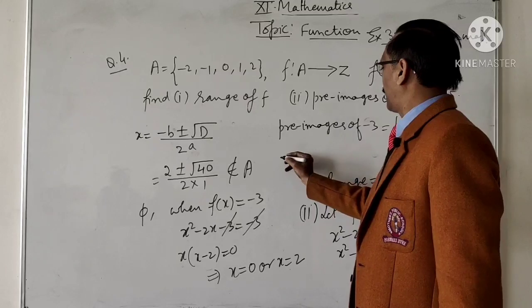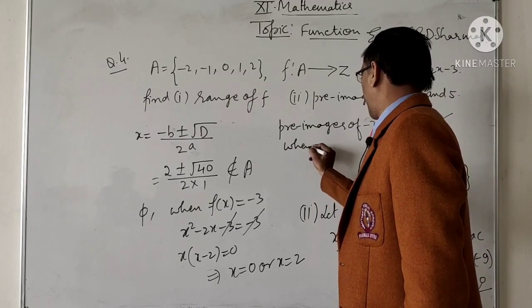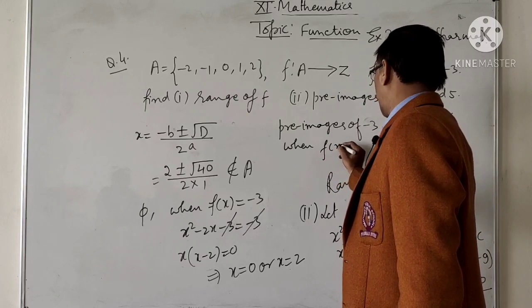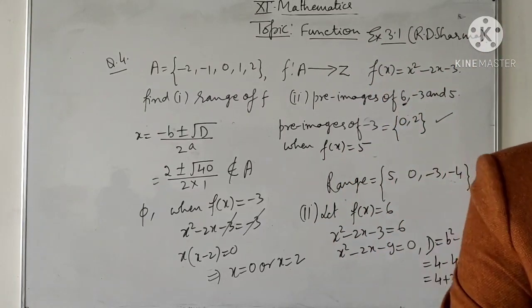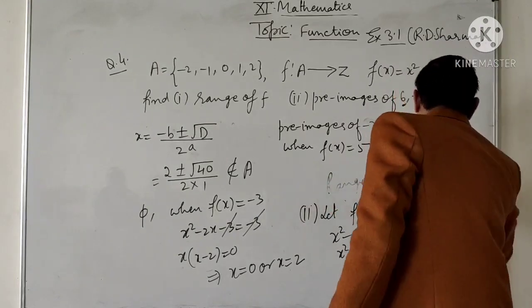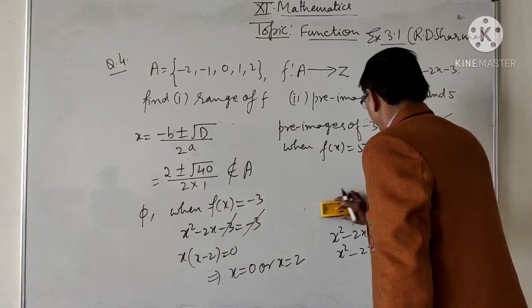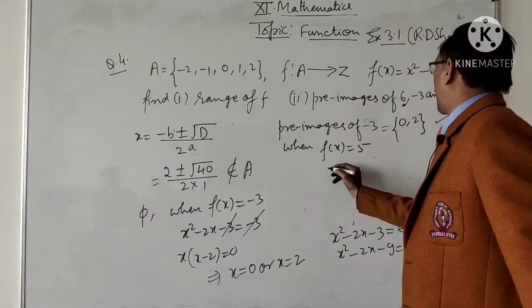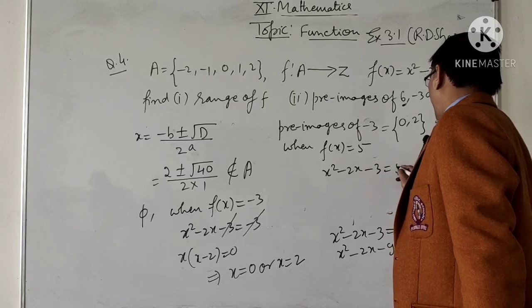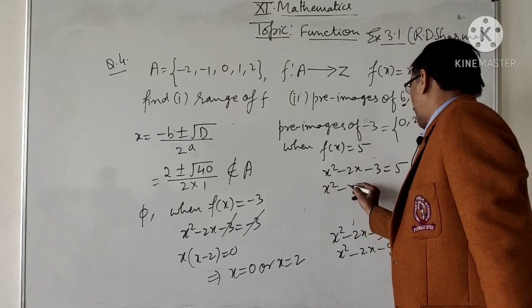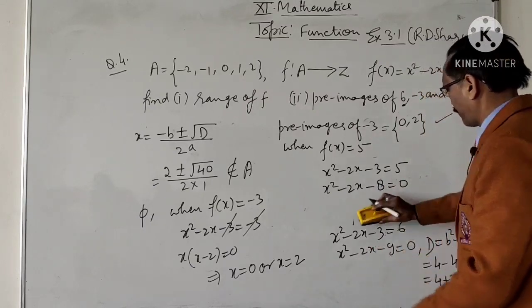Similarly, we can find the pre-image of 5. Then we will put f(x) equal to 5, then x² - 2x - 3 equal to 5, x² - 2x - 8 equal to 0.